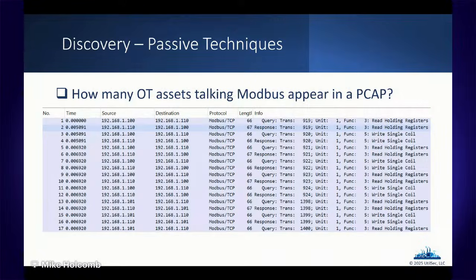They don't make it easy for you. Then you can go in and see that it's not only reading things like coils and registers, but you can see in the third and fourth packets that we're writing, we're making changes. Because again, it's an unauthenticated protocol. You're never asked for a username and password.